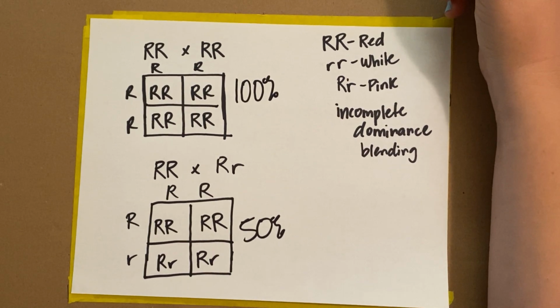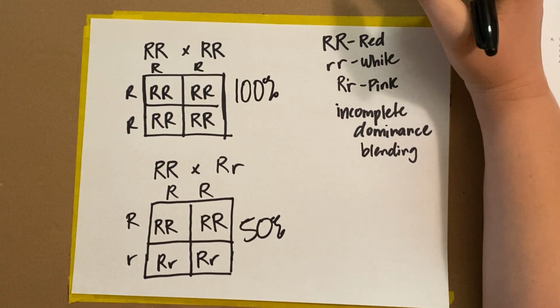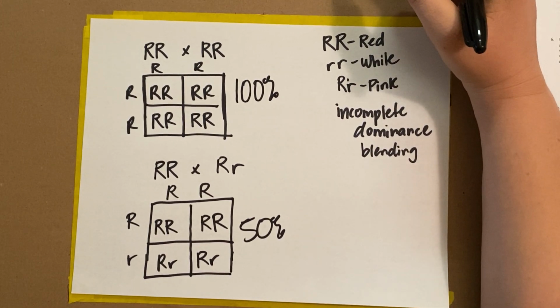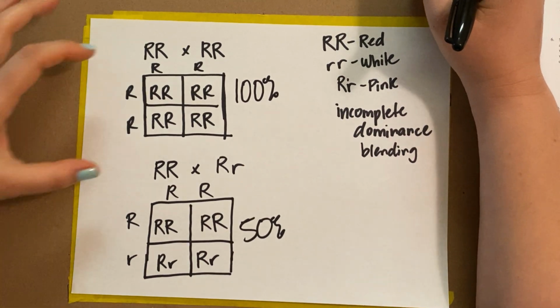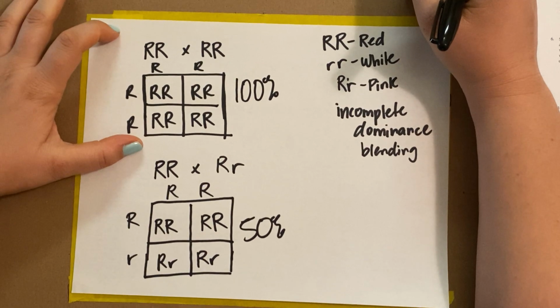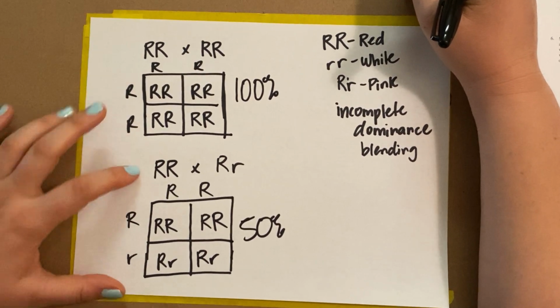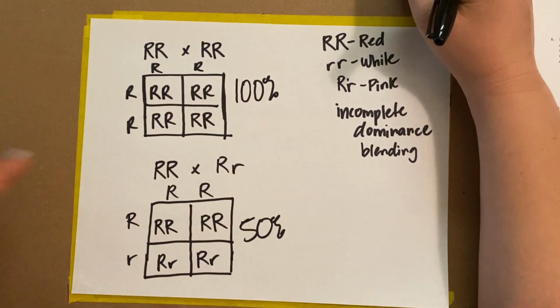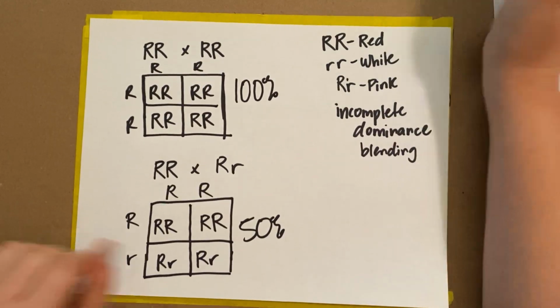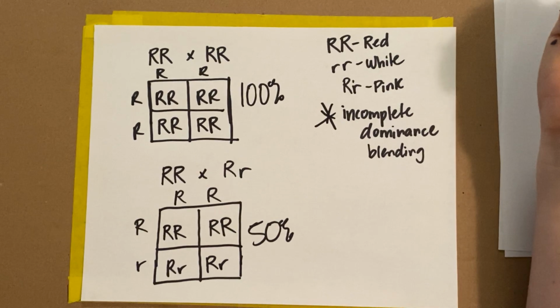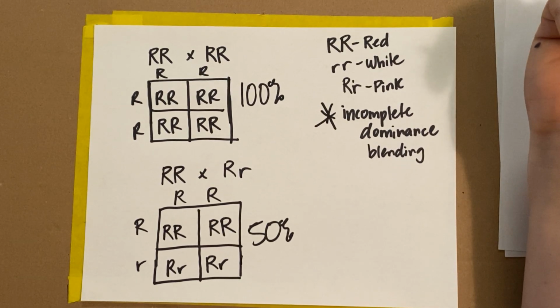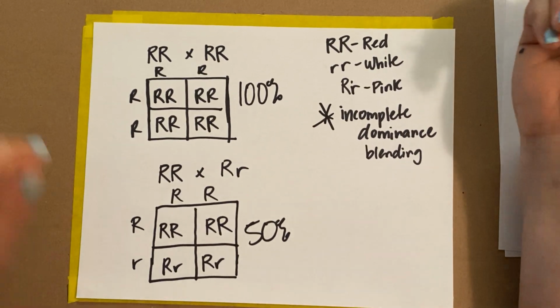The question doesn't really say what you're allowed to do, so if you want to be safe, you would just write this one right here. For individuals in my class, if you wrote this, I would give you all the points. But this is really important to write: this is incomplete dominance because you have a blending of the two colors.